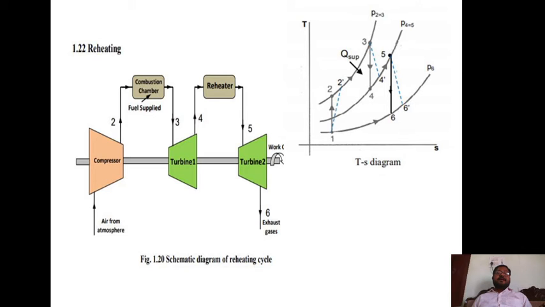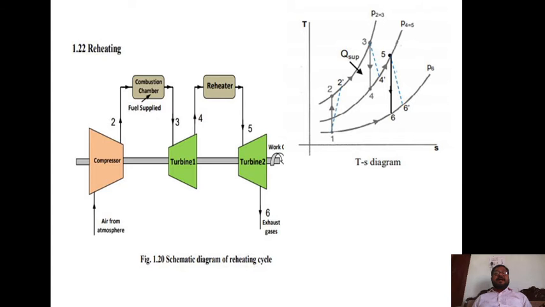Now, after the expansion in the first turbine, the pressure and temperature of the working fluid, the flue gas, reduce. After reducing, it loses its energy.